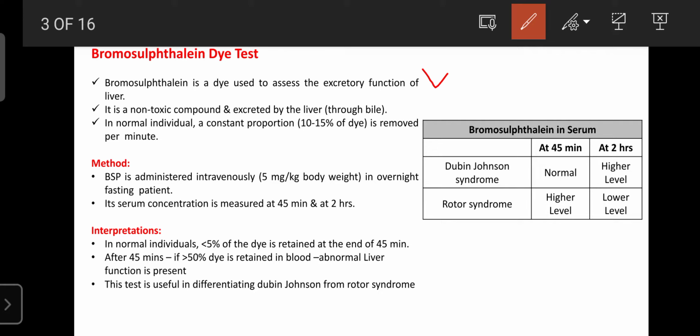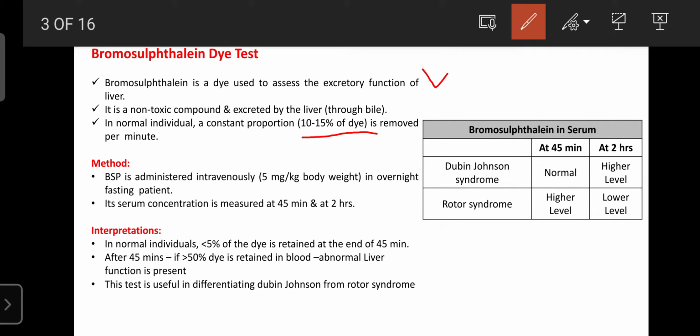It is non-toxic and is mainly excreted by the liver through bile. In a normal individual, the dye is removed from the body at a rate of 10 to 15% per minute of whatever dye you administered. Like bilirubin, bromosulfathalein is also picked up by the hepatic cells, or liver cells, which initiate conjugation with glucuronic acid.